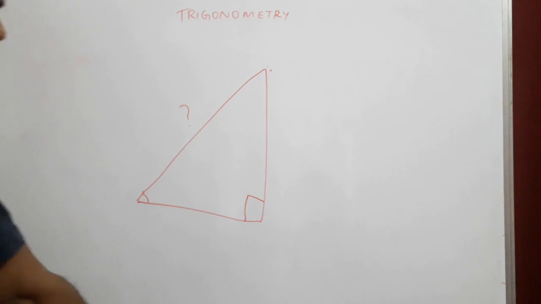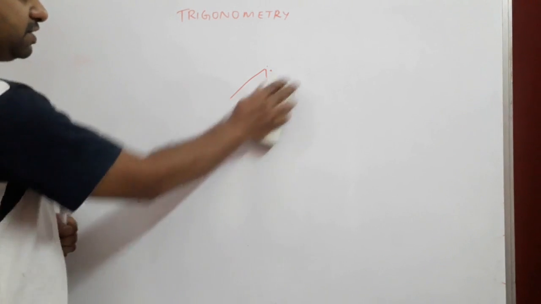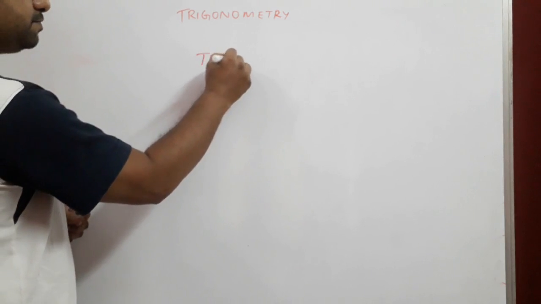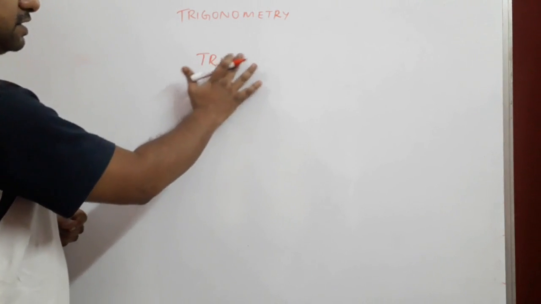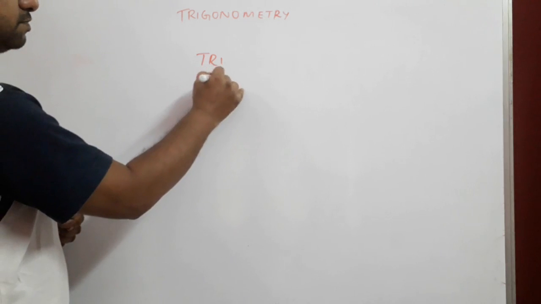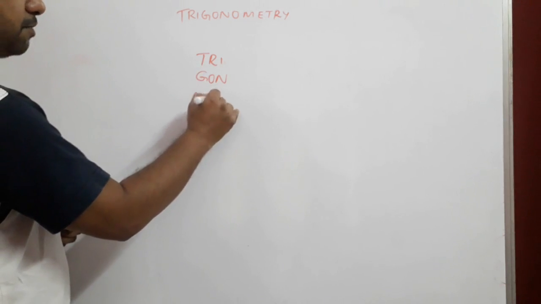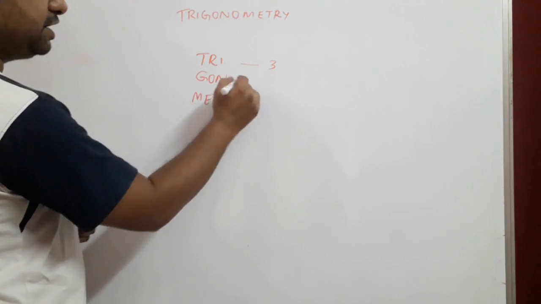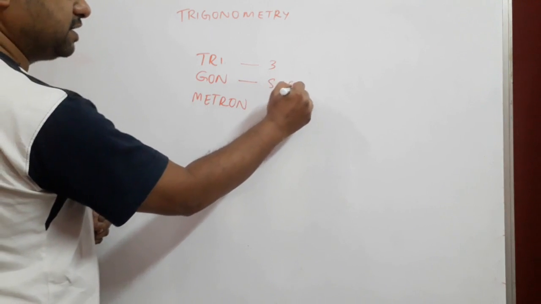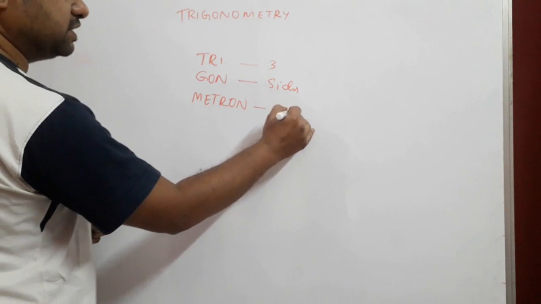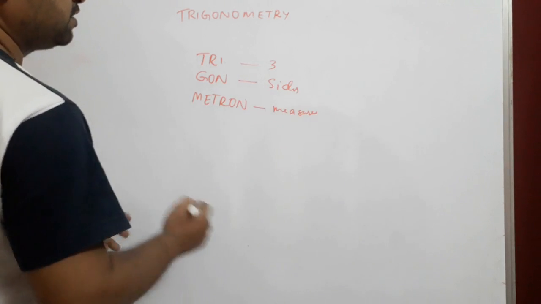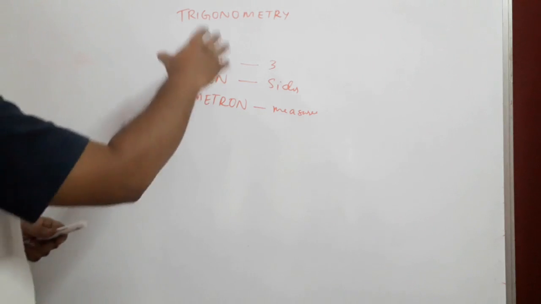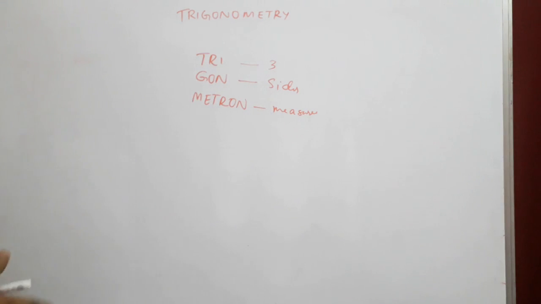The word trigonometry, by the way, comes from three Greek words: tri, gon and metron. Tri stands for obviously three, gon for sides, and metron for measure, which means in trigonometry we look to measure a three-sided figure, and not just any three-sided figure.